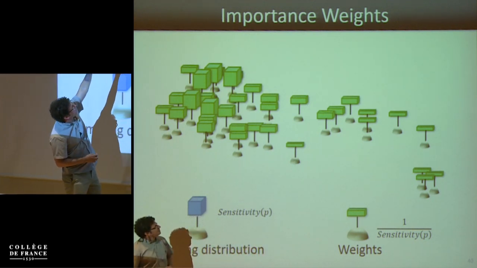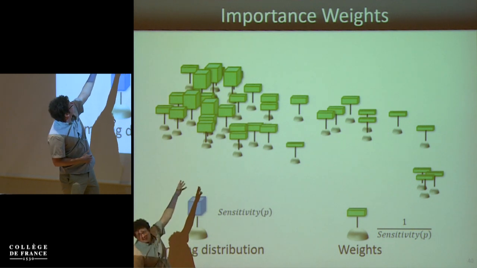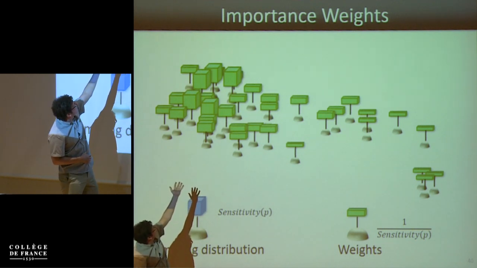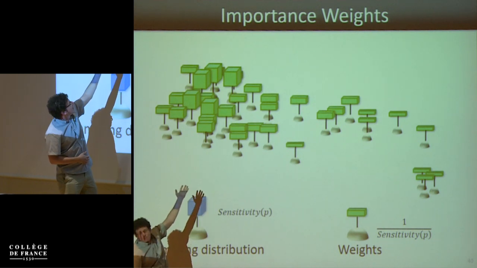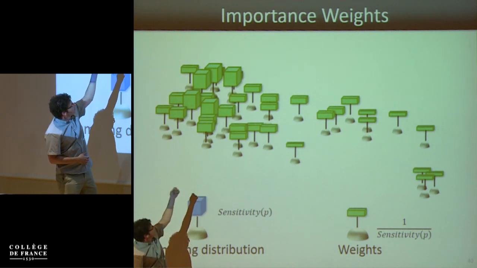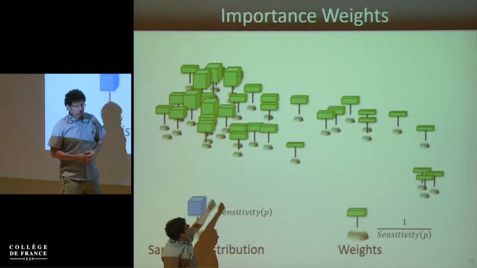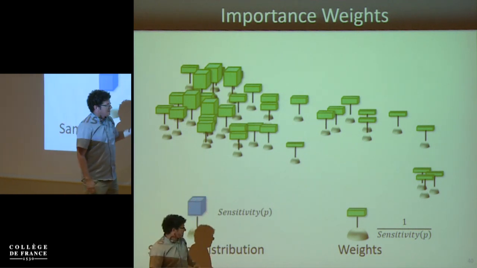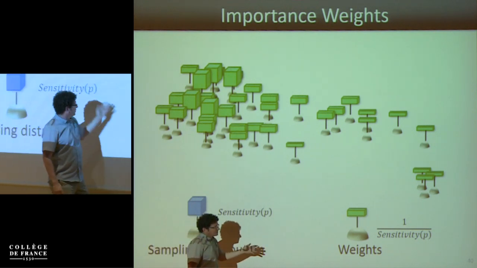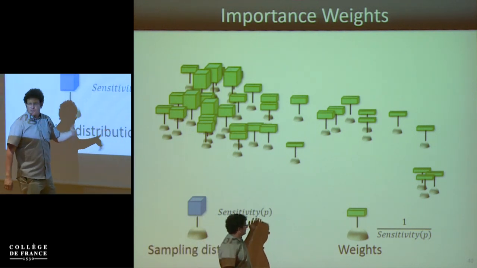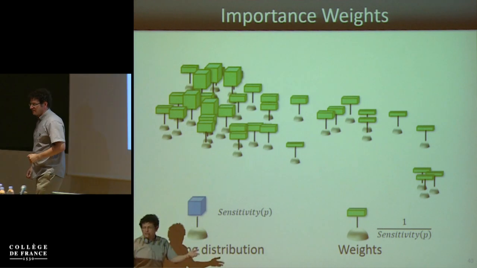But if we take a point from here, every point will be selected with very small probability because they are not so important, but because there are many points, we probably choose one. And when we choose this one, we give it a very large weight because it represents many points. So this is intuitively why the weight that you give for every point is 1 over the sensitivity, or the probability to choose this point.